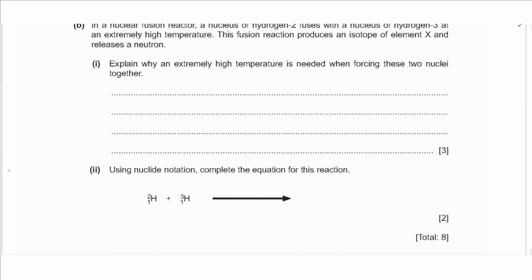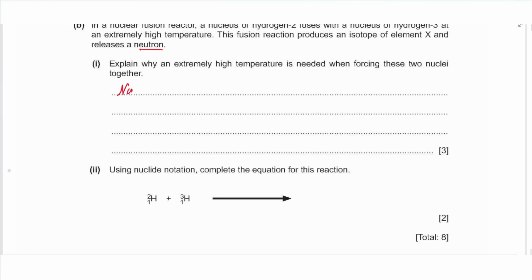Part B says in a nuclear fusion reactor, a nucleus of hydrogen 2 fuses with a nucleus of hydrogen 3 at an extremely high temperature. This fusion reaction produces an isotope of element called X and releases a neutron. Explain why an extremely high temperature is needed when forcing these two nuclei together.